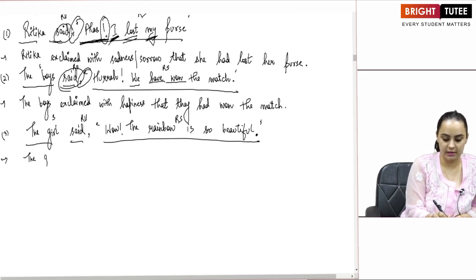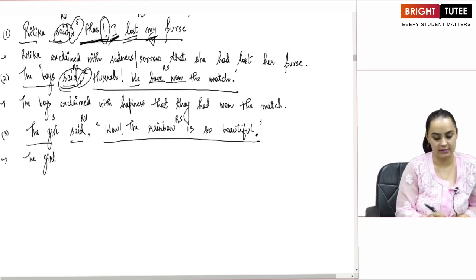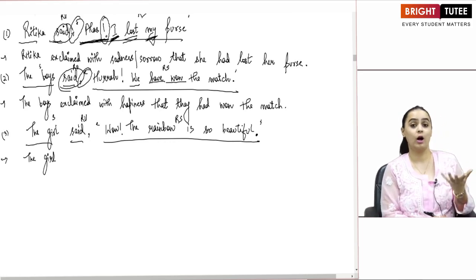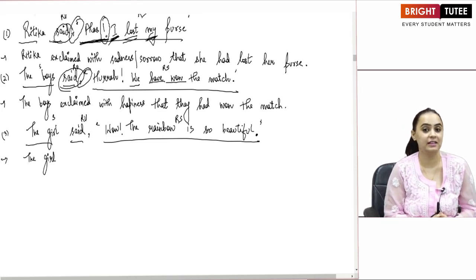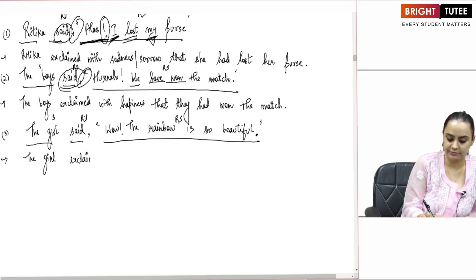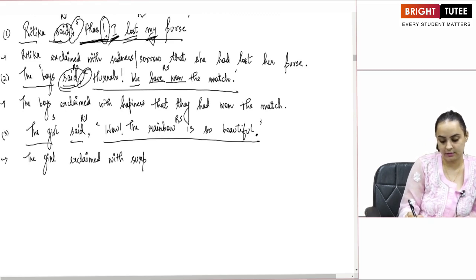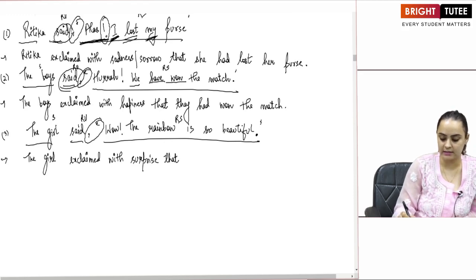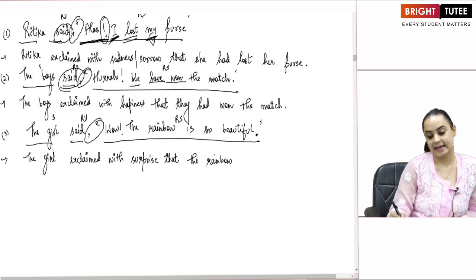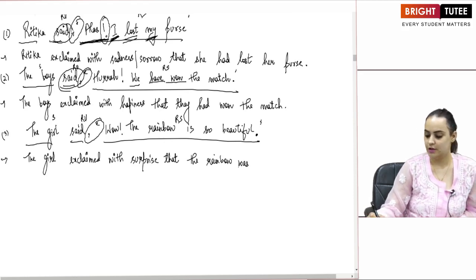Speaker remains the same, so the girl remains as it is. How will my reporting verb change now? Wow. When we say wow, you are very surprised at something. That is when we say wow. So the girl exclaimed with surprise. We remove the commas and we put that the rainbow, is changes to was, so beautiful.